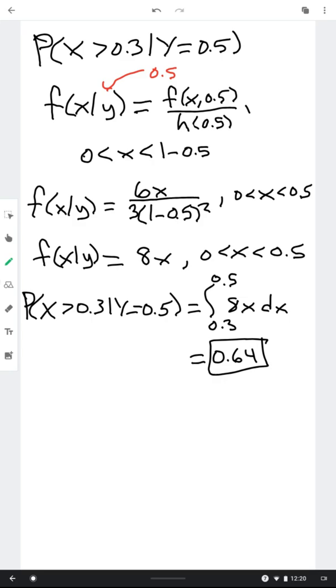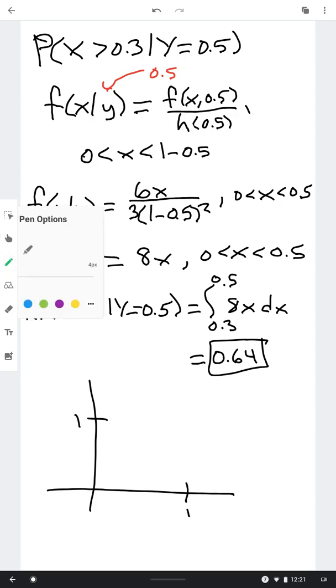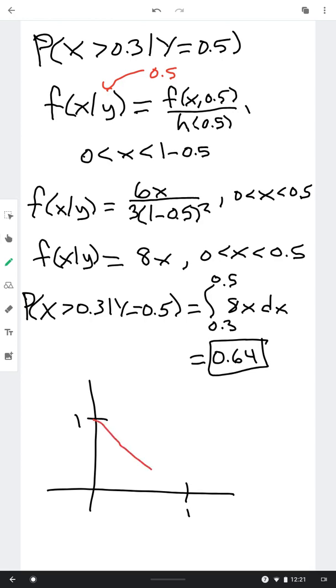Now, let me talk a little bit more about this part here. Why do we have this limit from 0 to 0.5? Let's go back to that triangle. I can just draw the triangle right here. We had 1, 1, then we had our line.